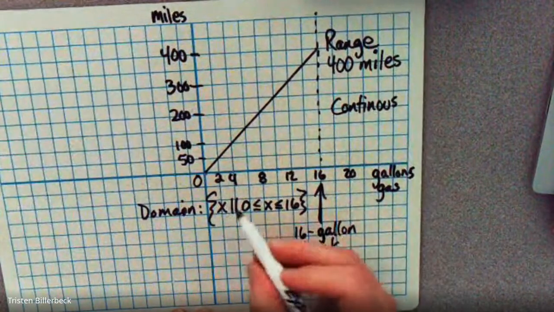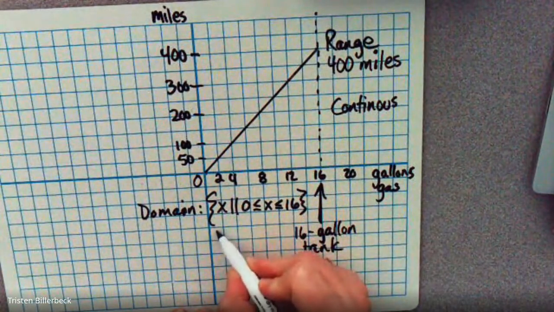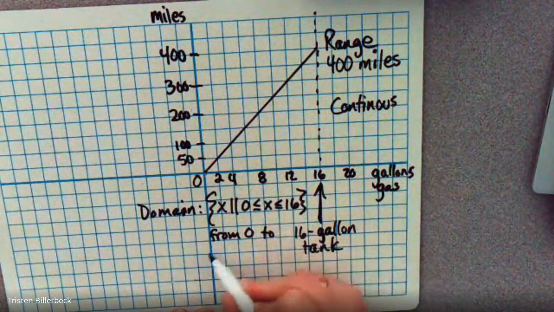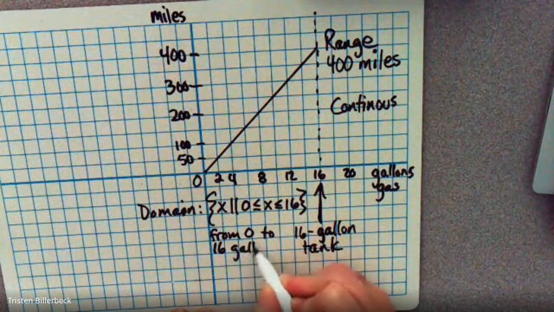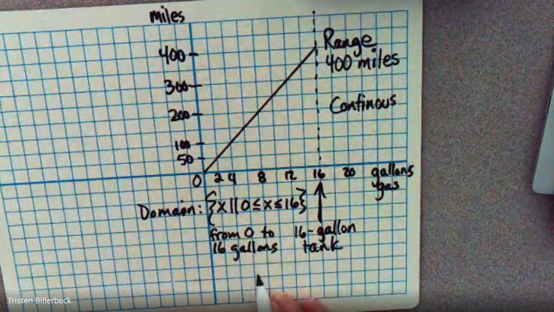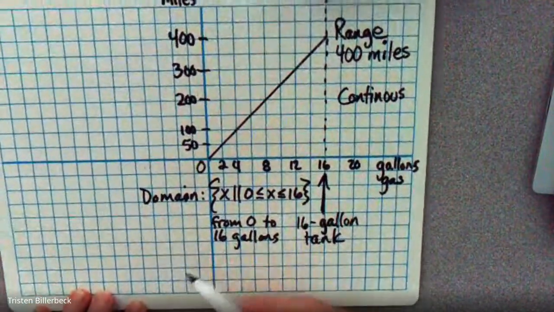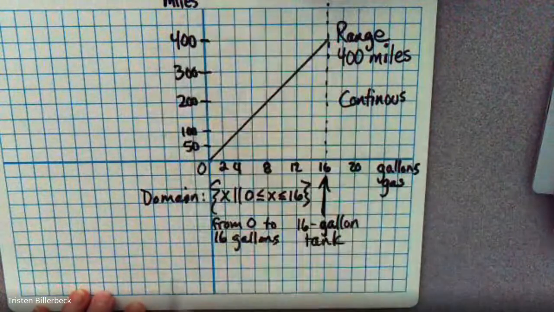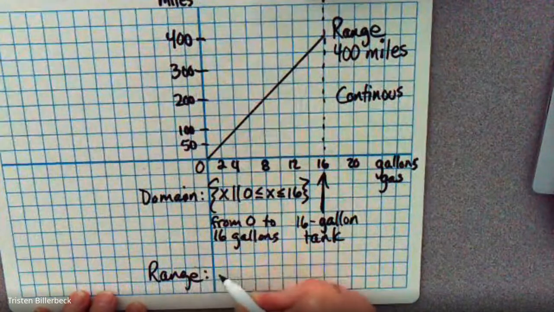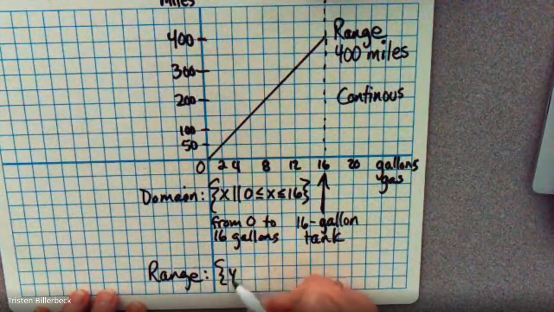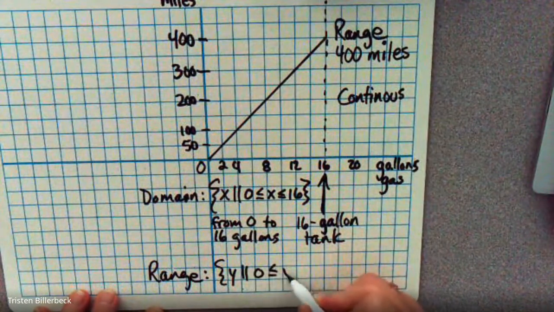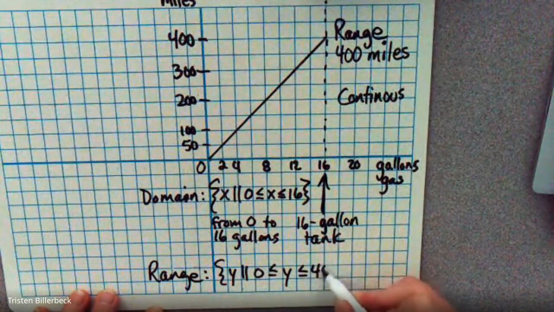Or we could just say the domain is from 0 to 16 gallons. Now the range, looking at this, is from 0 miles to 400. If we wanted to be fancy and use set notation, it'd be y such that 0 is less than or equal to y is less than or equal to 400 miles.